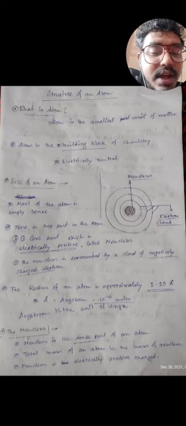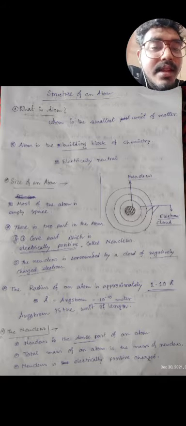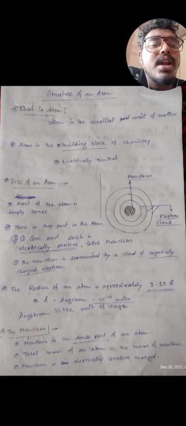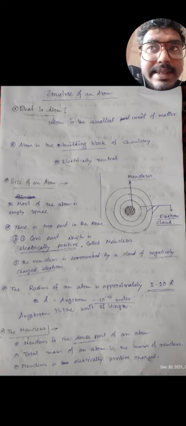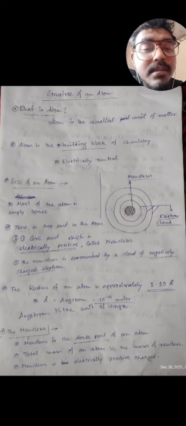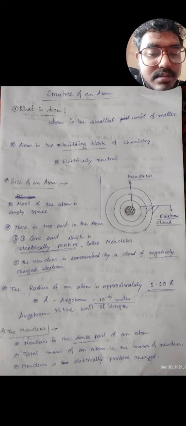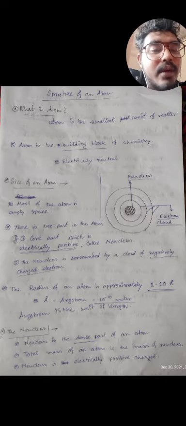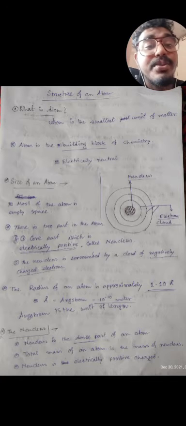Because the total mass of an atom is equal to the mass of the nucleus. It means that if we take one atom and measure its mass, we see that the total mass of the atom is equal to the total mass of the nucleus of that atom.